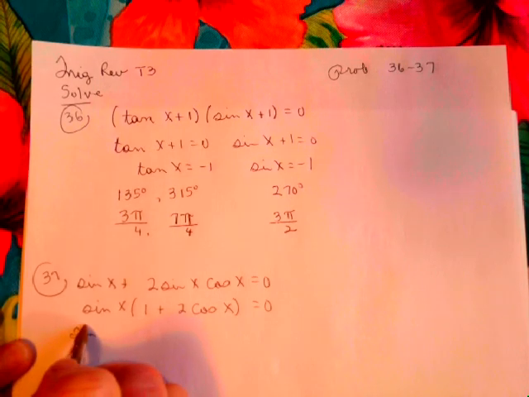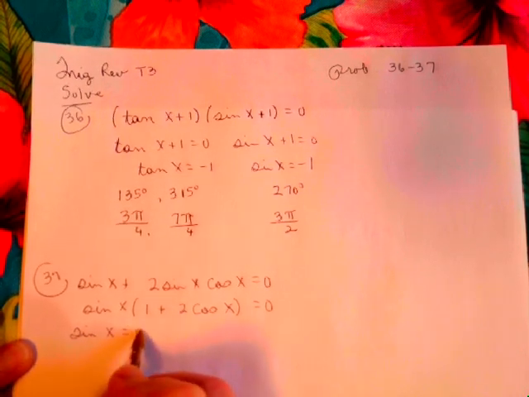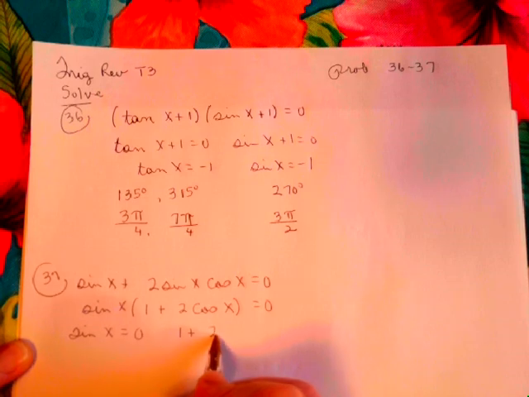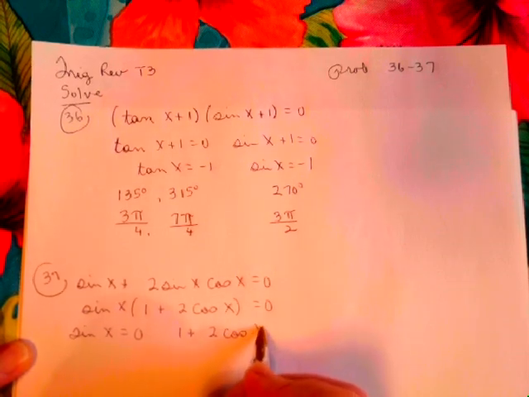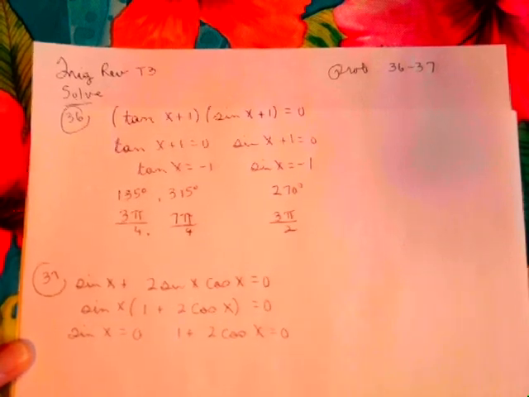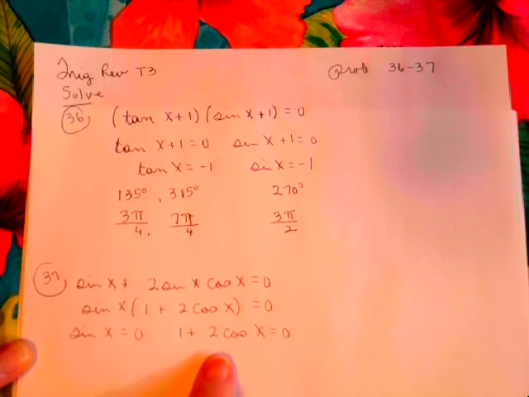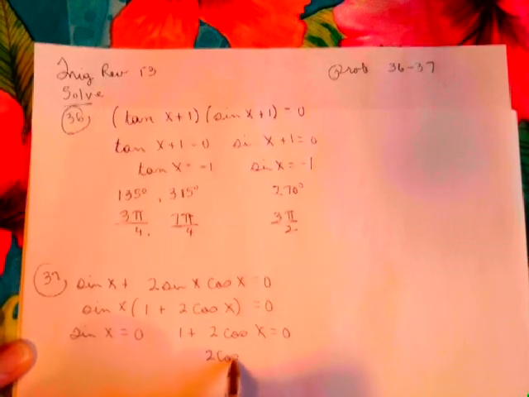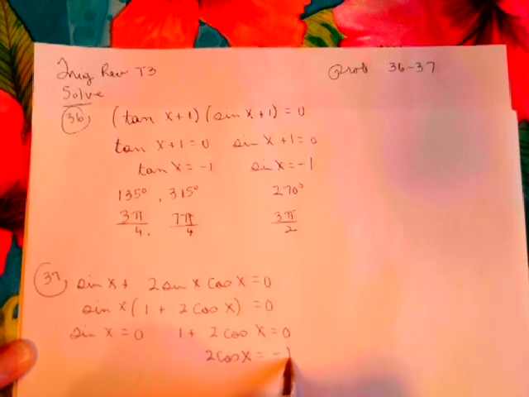Sine of x equals 0. 1 plus 2 cosine of x equals 0. Solve this second equation. 2 cosine of x equals negative 1. Divide by 2.